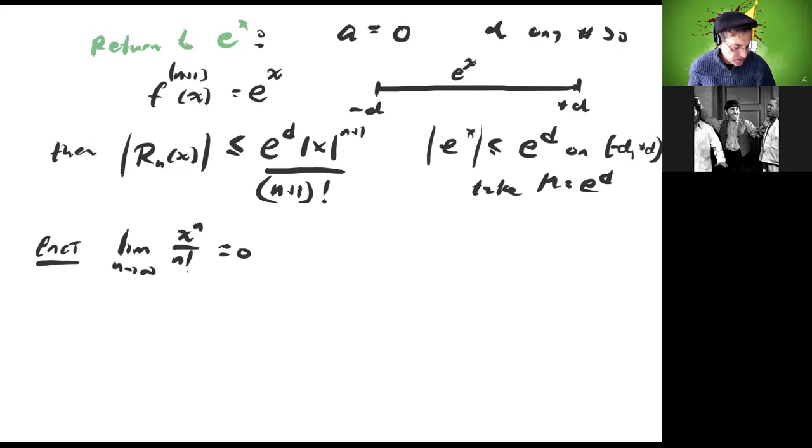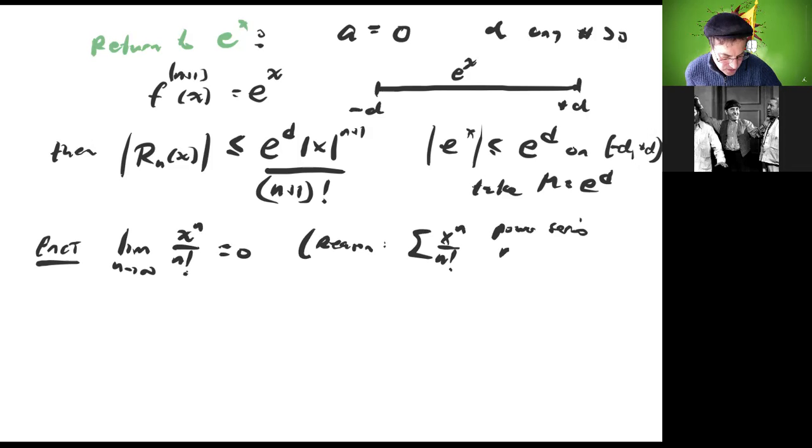Why is that true? Here's a dumb reason. If we look at the summation of x to the n over n factorial, that's a power series, and the ratio test says it converges for all x.